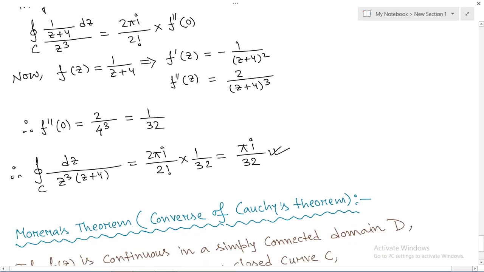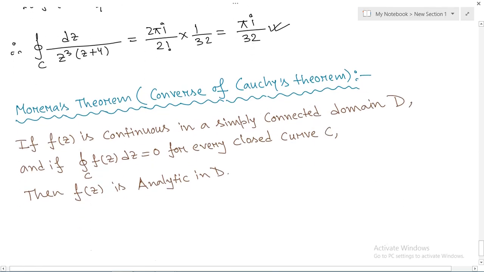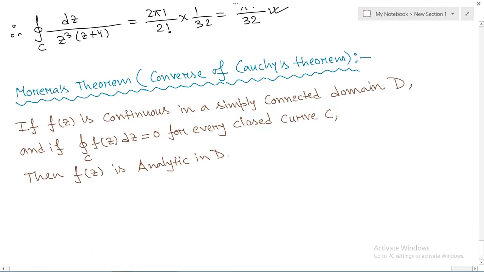Now we come to the end of this lecture, with Morera's theorem, which is known as the converse of the Cauchy's theorem. In Cauchy's theorem, what we have learned is that if we have an analytic function within and on a simply connected region D, then the value of the integration of f of z over the curve is 0.